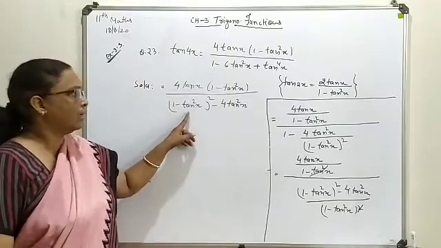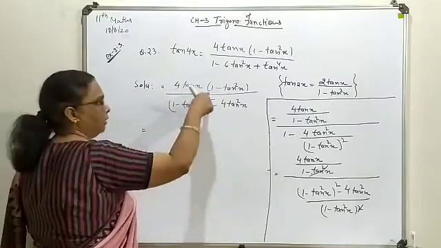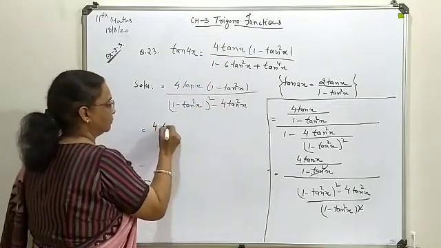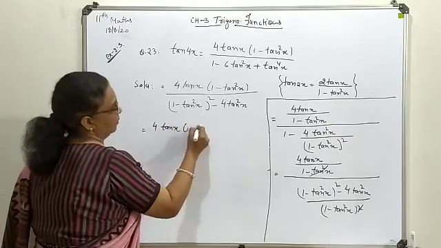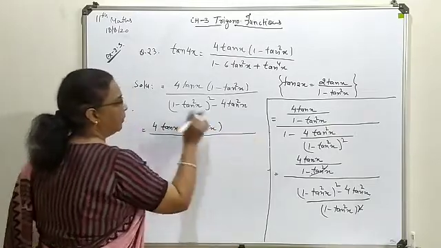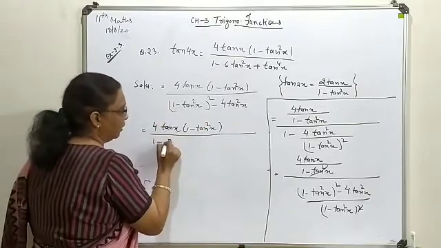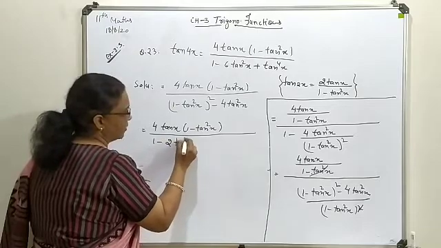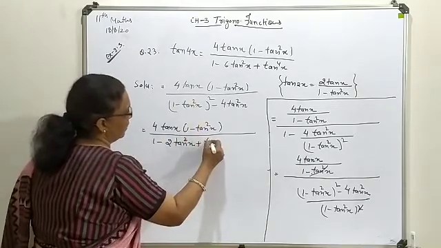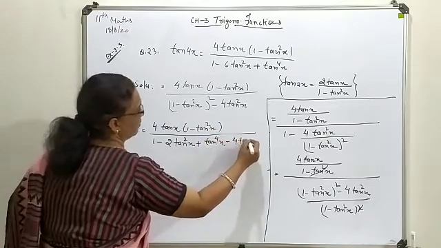Obviously, square of this term we have to write. Now these two are not to be multiplied because this term already we have generated. Make the square of this, so it will be 1, middle term will give you 2 tan square x, last term square of this one, that is tan 4x. This last term you keep as such.